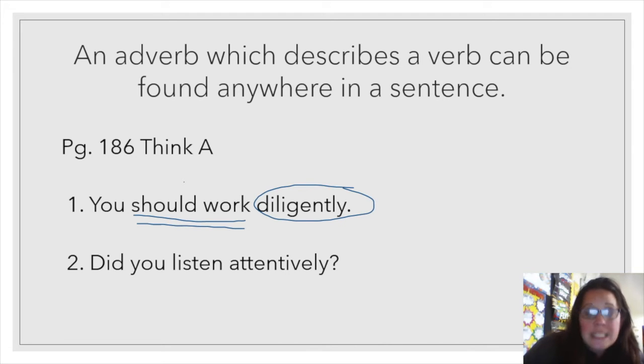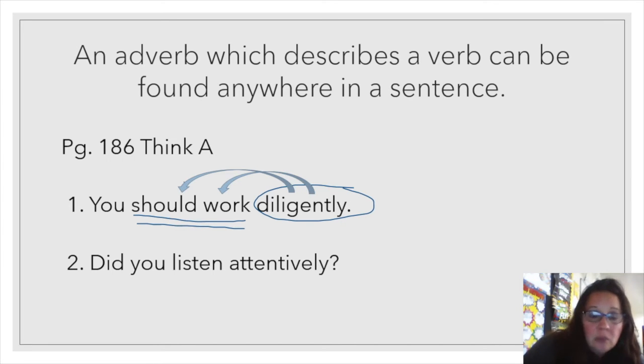Well, they worked diligently. And so your arrow is going to go from diligently to should and work. I need 2 arrows, 1 to each of the words in the verb phrase. Okay? You should work diligently. How should you work? Diligently. So diligently is referring to should and work.